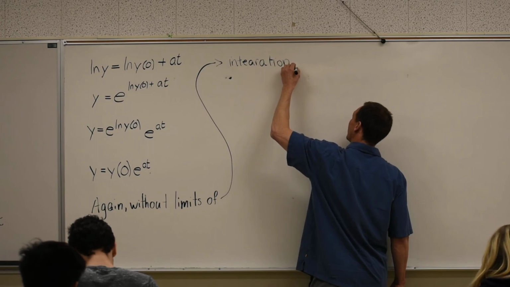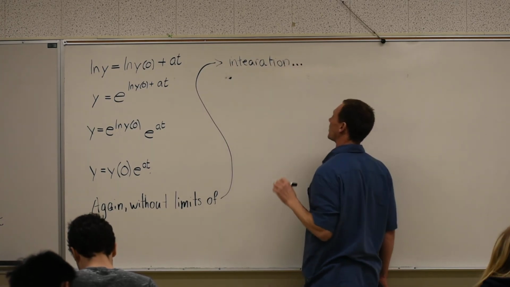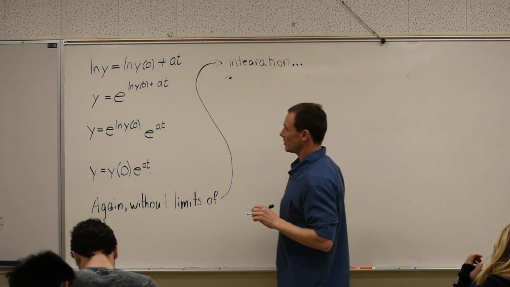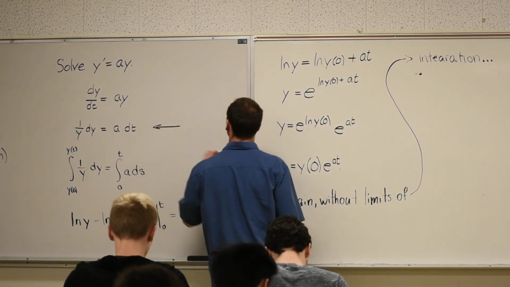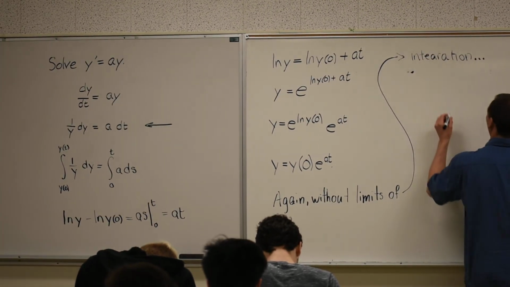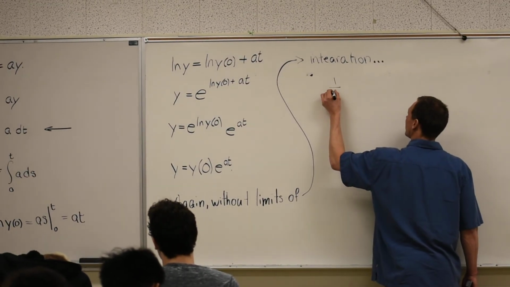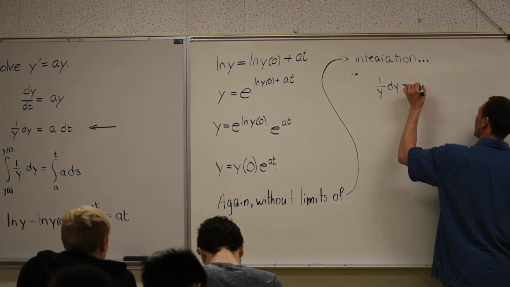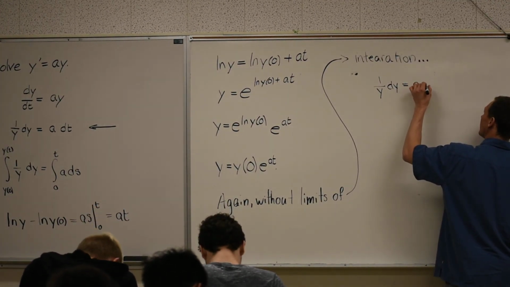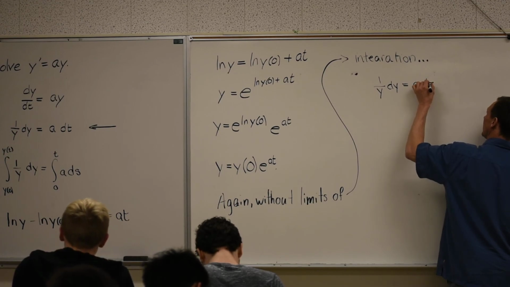I'm going to go dot, dot, dot, because then what we're going to do is we're going to pick up right here. Bring that over. So we write 1 over y dy equals a dt.